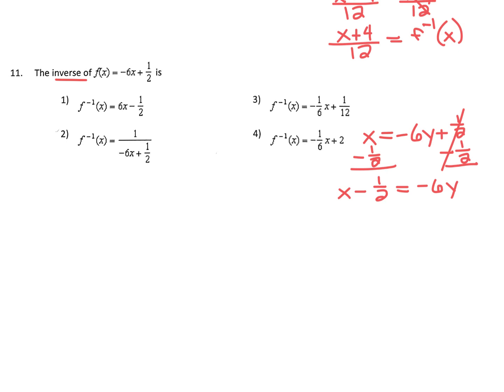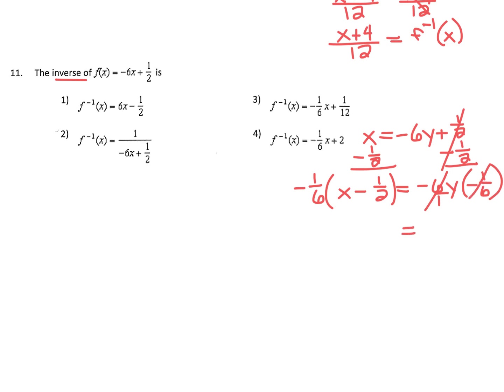But I find when we're dealing with fractions, rather than dividing, personally, I feel like it's easier just to multiply both sides by the reciprocal. So the reciprocal of negative 6 over 1 would be negative 1 over 6. So I'm going to multiply both sides by negative 1/6. And the reason I do that is because anything times its reciprocal cancels.